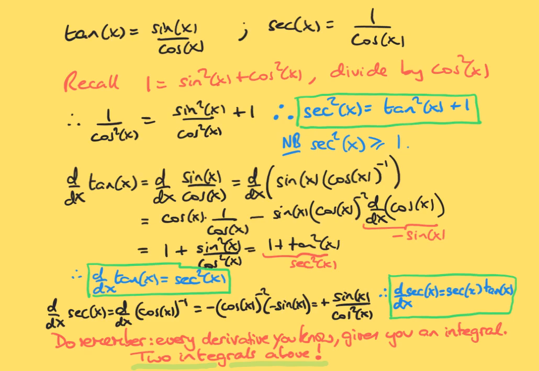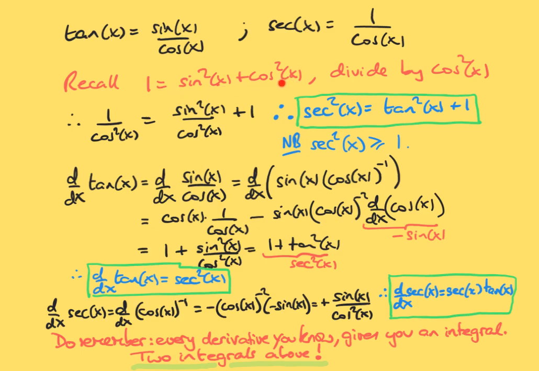So on this slide, let's just recall the definition of the tangent, sine over cosine, and the definition of the secant, 1 over cosine, the reciprocal of the cosine. And let's recall this central relationship for trigonometric functions, that the sum of sine squared and cos squared is 1 for any angle.